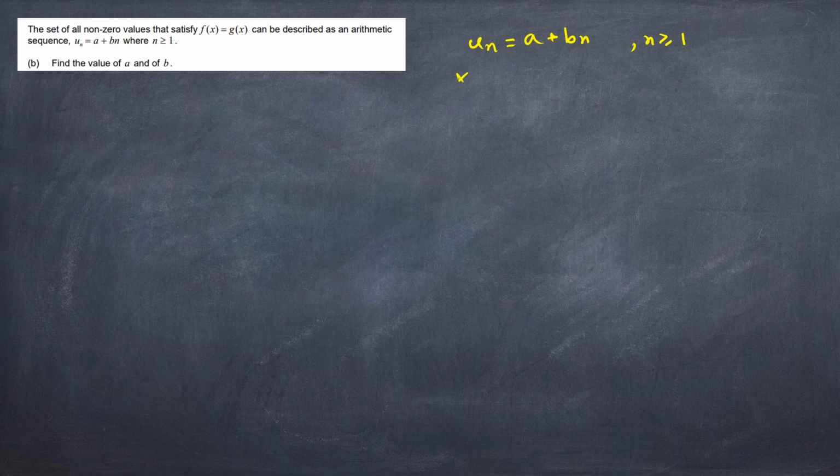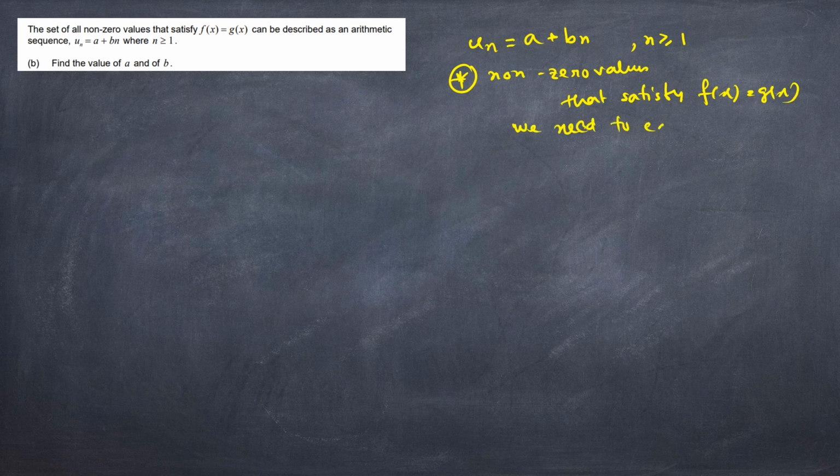And one most important thing that you need to note down here is non-zero values that satisfy f(x) equals g(x). So we need to exclude x equals 0, because x equals 0 is not a non-zero value which is satisfying f(x) equals g(x).